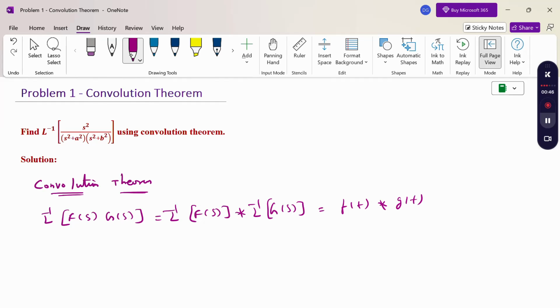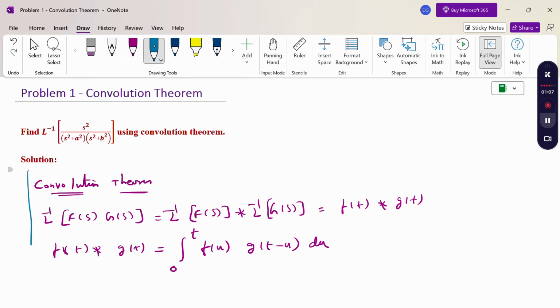The star is nothing but the convolution theorem symbol. Therefore f of t star g of t should be written in the form of integral 0 to t, f of u, g of t minus u into du. So this is the convolution theorem.